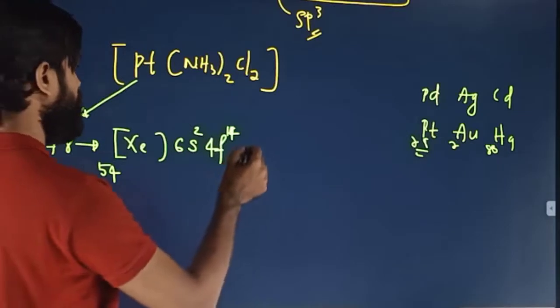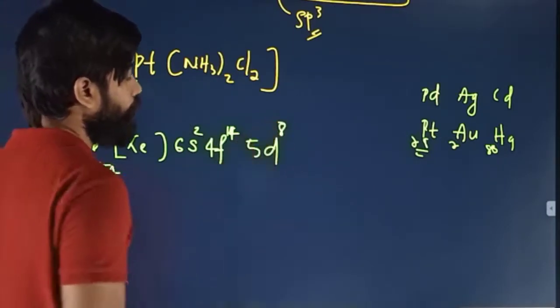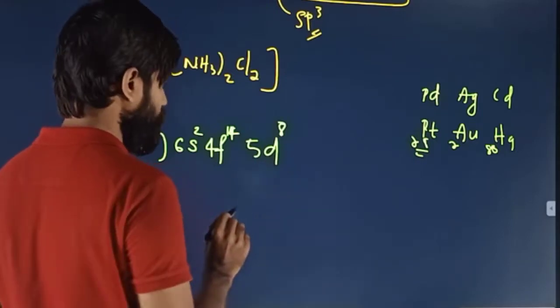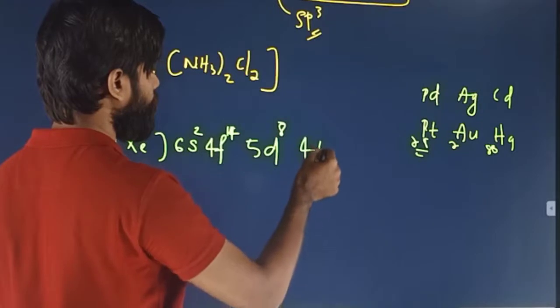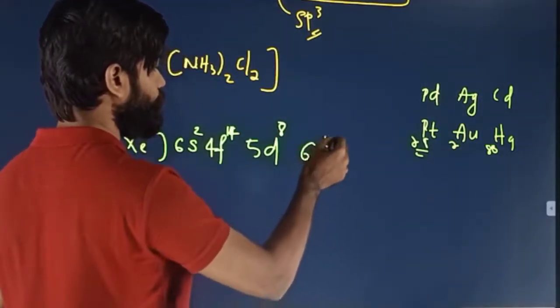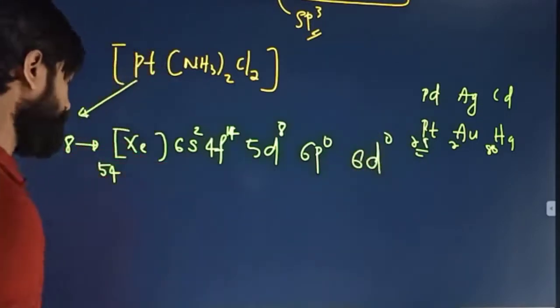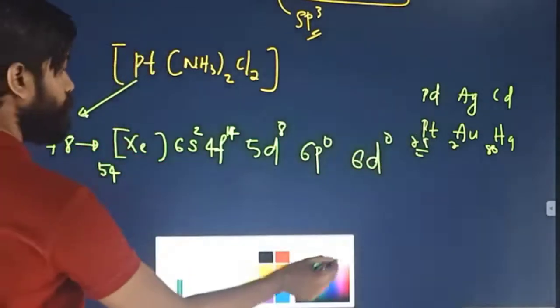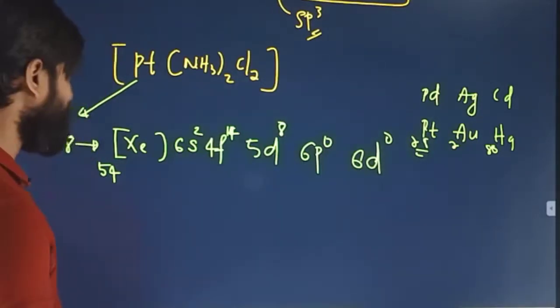There are 8 more electrons in 5d, so 5d8 is the configuration, with 6p0 and 6d0. So you should know how to write the electronic configuration.